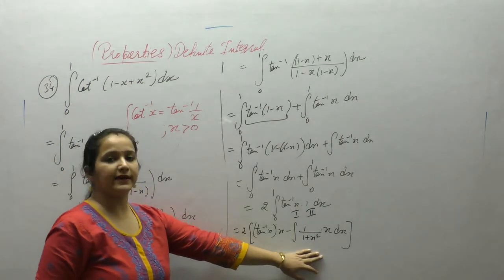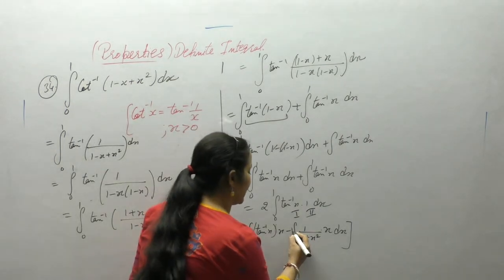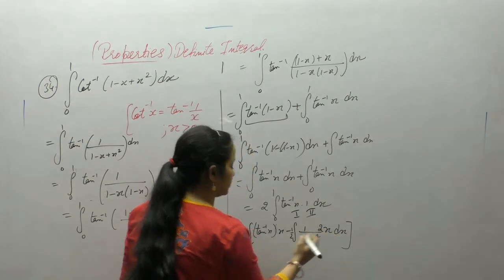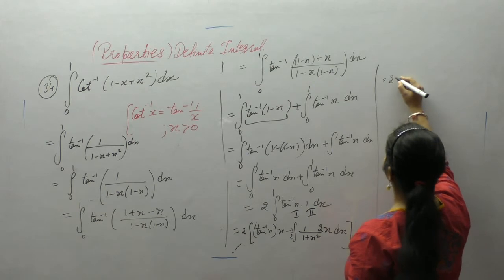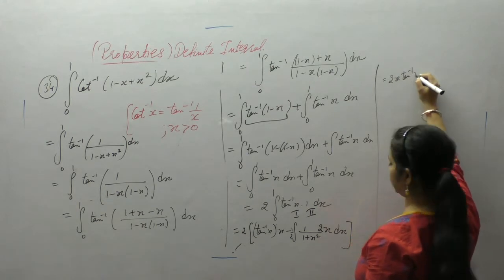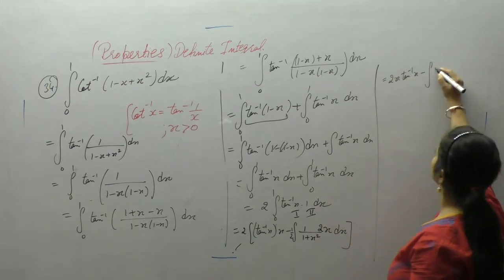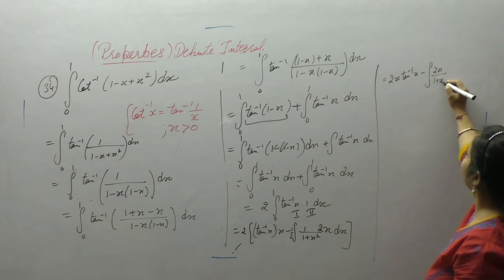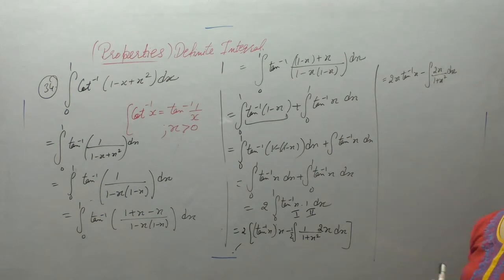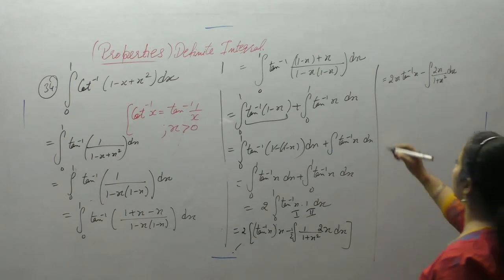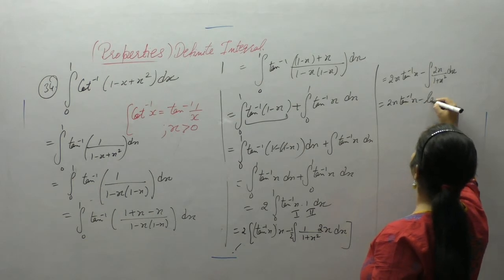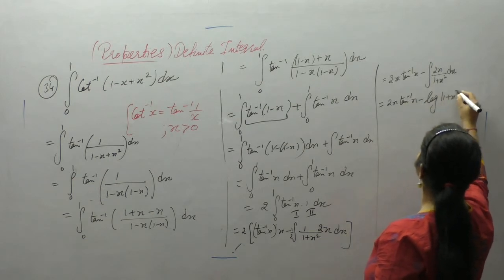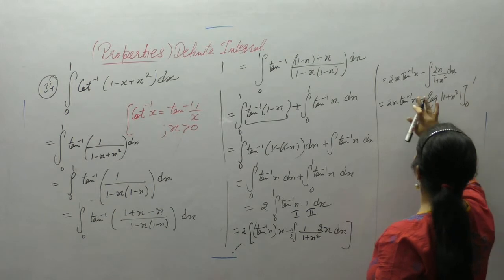Now here complete the derivative by multiplying and dividing by 2: x tan inverse x minus the integral of 2x upon 1 plus x square. This integral is of the form f dash x upon f of x, so it is log of f of x, and the limit is 0 to 1.